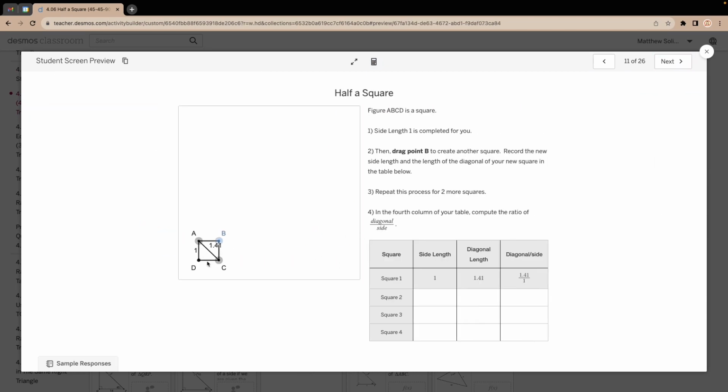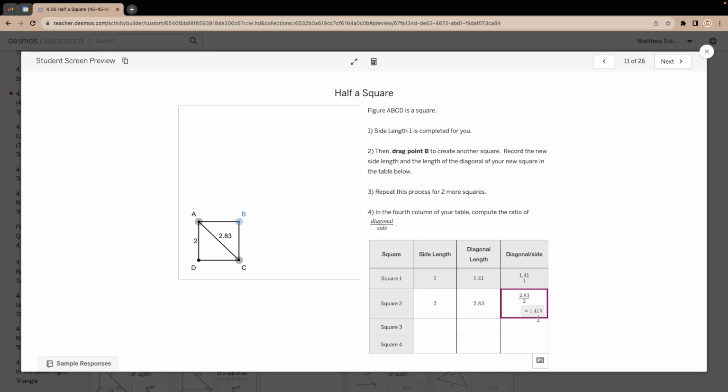So that side was 1, 1, and the diagonal was 1.4. Let's make a side length that's a little bigger. Let's go to 2. It'd be 2 and 2.83. If I did the diagonal divided by the side, that's 2.83 divided by 2, which is 1.41. Let's do 3. So the sides are 3.